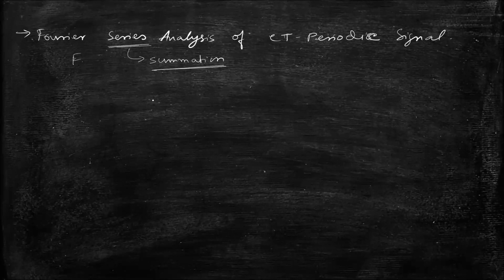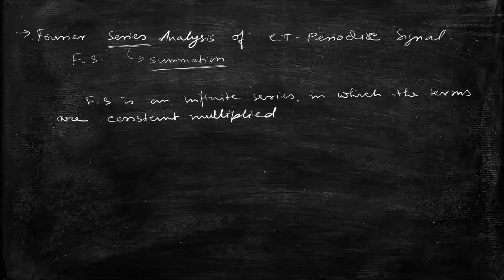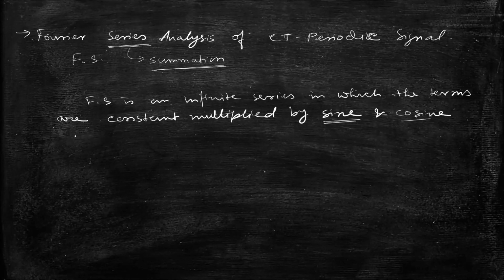So Fs is an infinite series in which the terms are constants multiplied by sine and cosine functions.